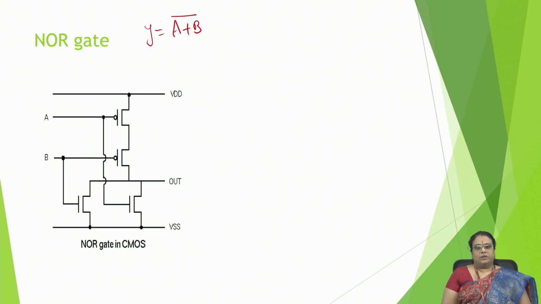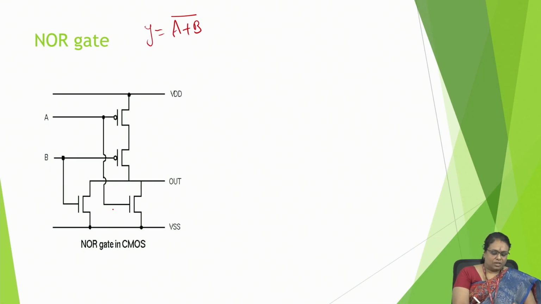Hence, every circuit has to be reduced to the transistor level, that is, the MOS logic level. Whenever we draw the schematic diagrams, the output of this MOS logic will always be the complementary part. Therefore, it's easy to first understand the NOR gate and then go to the OR gate.